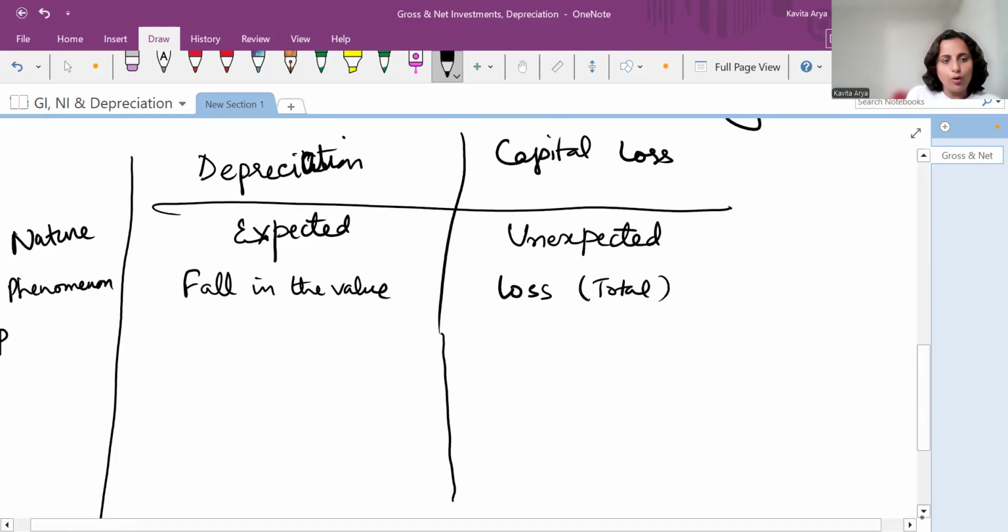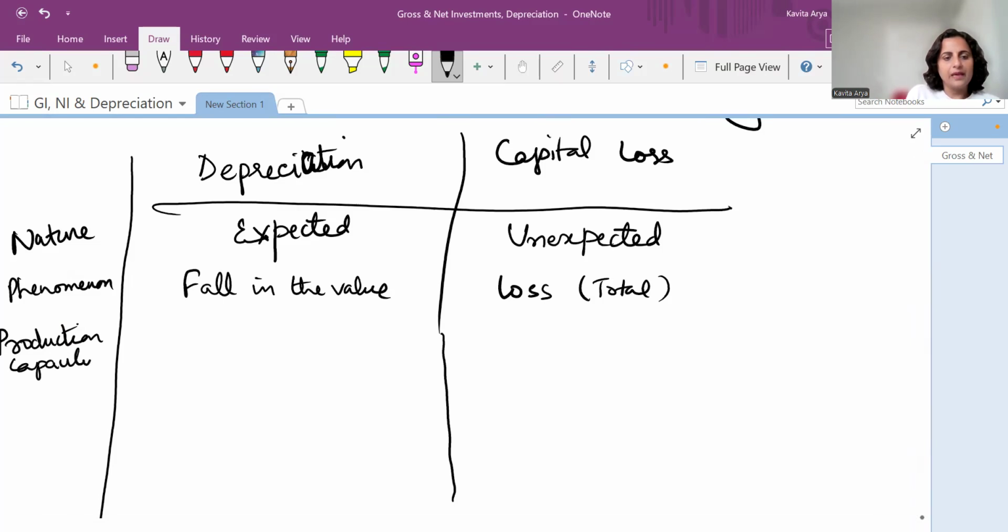The next point is very much relevant. When we say loss, let us talk about the production capacity. If any asset is depreciating, it would have production capacity, though reduced. So production does happen in case of depreciation, but capital loss means there is no production capacity of the firm at all.